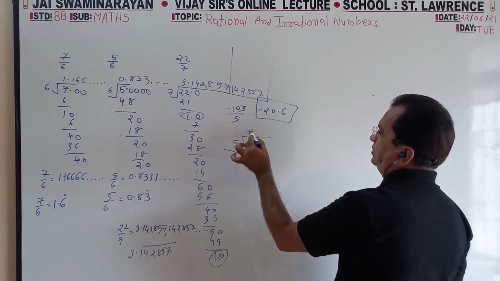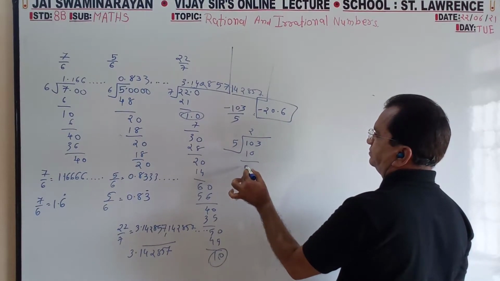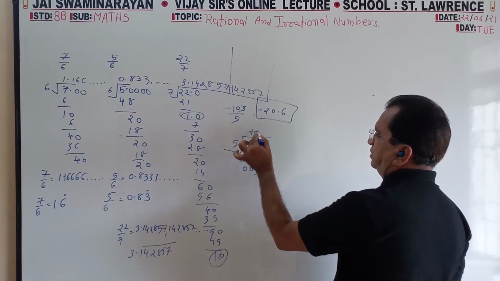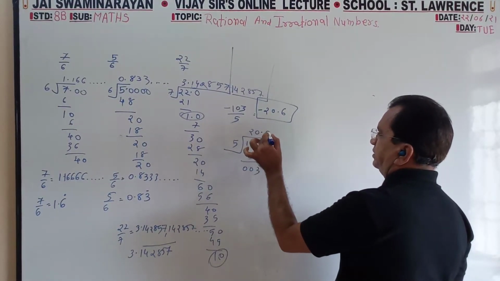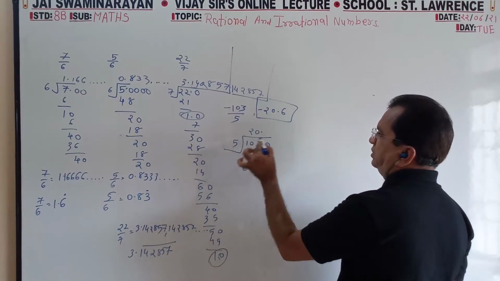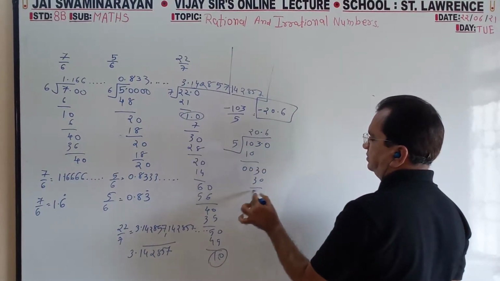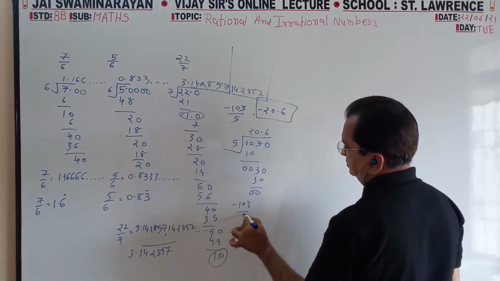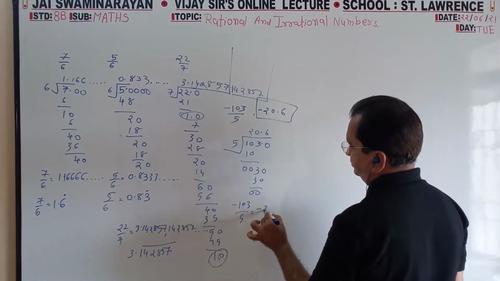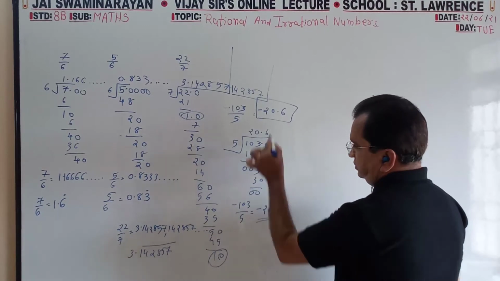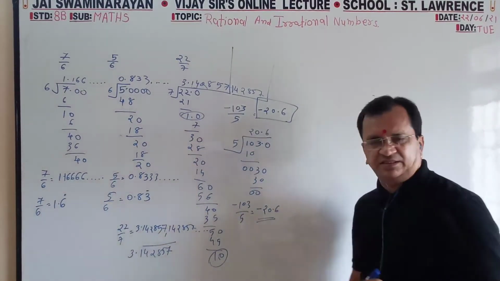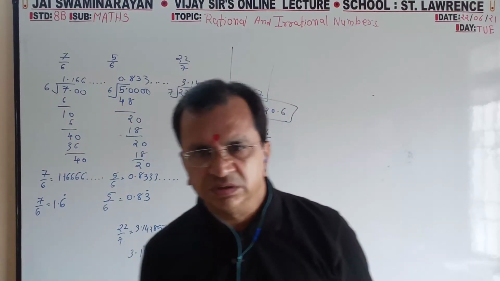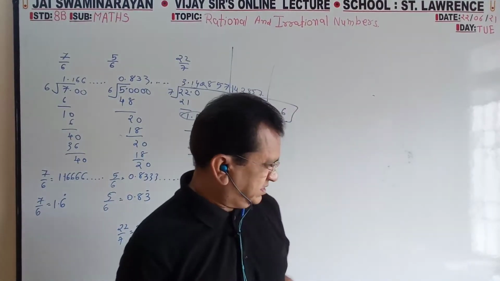Five to the 10, 3 it will not work, 0.006, but if it is minus, see by actual division and by my method.